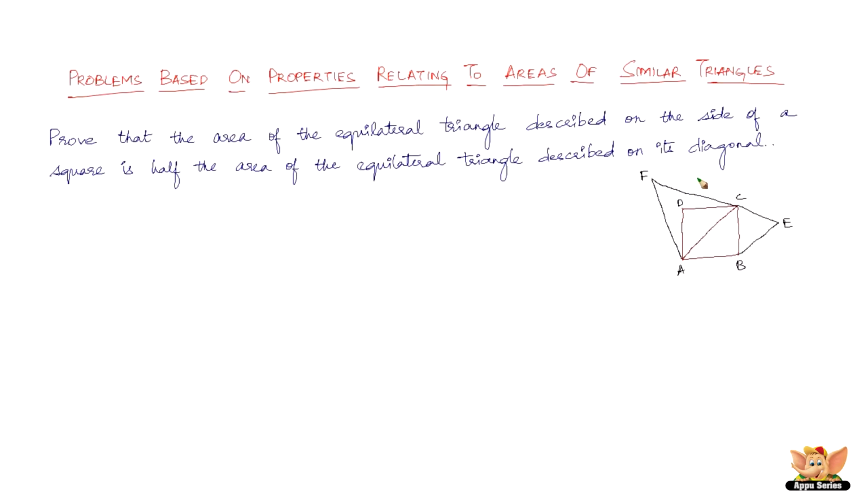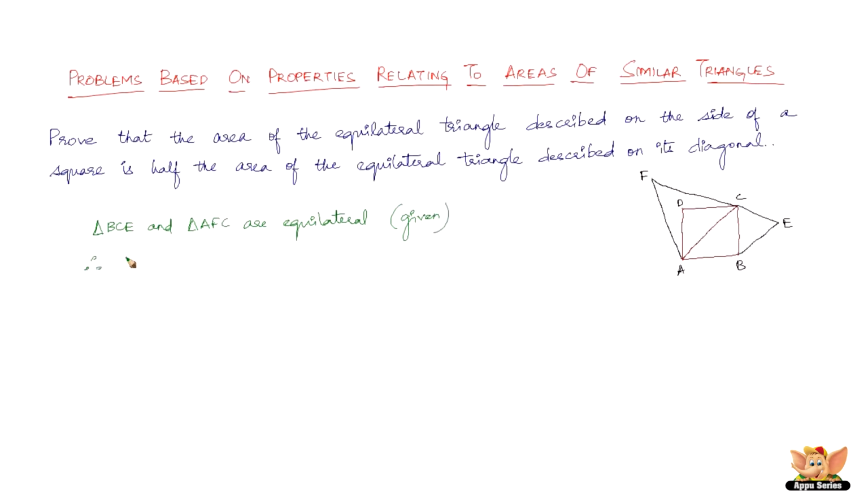Since it is told that the triangles BCE and AFC are equilateral, they are also equiangular, right? So triangle BCE and triangle AFC are equilateral, which is given.